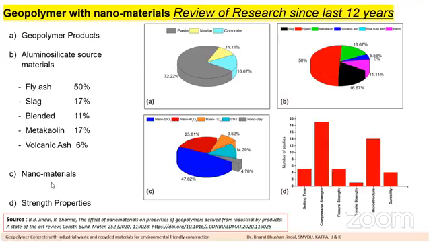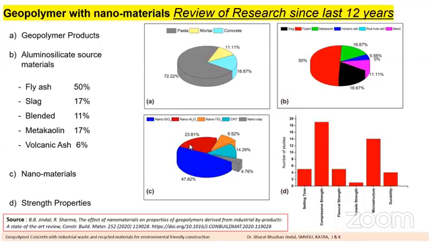And what are the various nanomaterials they utilized? Graph C indicates nano silica, nano alumina, nano titanium dioxide, carbon nanotube, as well as nano clay. Here we have concluded that nearly 47% of the research in the last 12 to 15 years used nano silica to improve the properties of geopolymer based material at ambient temperature as well as higher temperature.